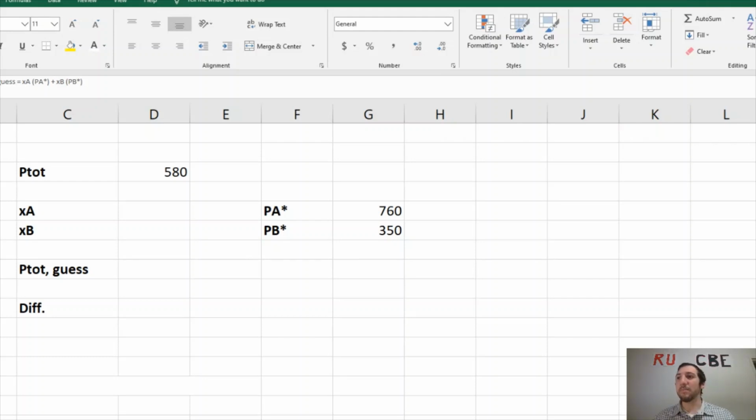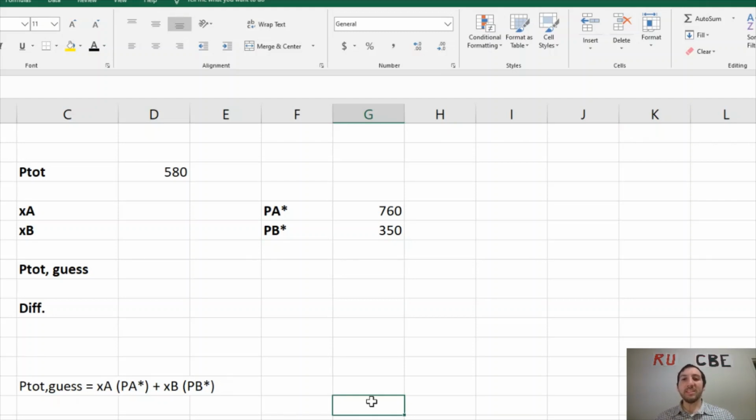That looks like the following equation, where your total pressure would theoretically equal the mole fraction of A in the liquid phase times the vapor pressure of A plus the mole fraction of B in the liquid phase times the vapor pressure of B.